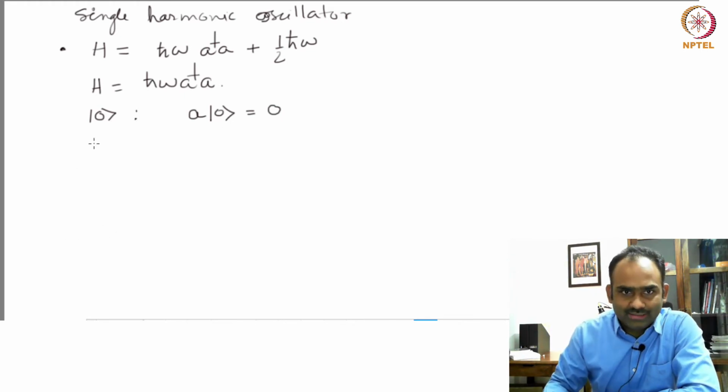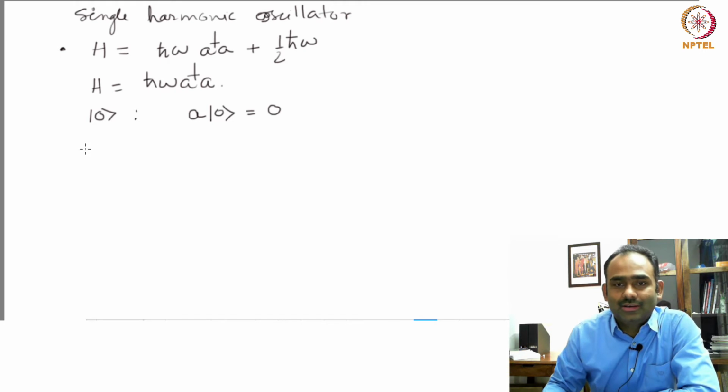And then you may ask, is it an eigenstate of the Hamiltonian? So let's see. Let's ask, what's this? For a moment, I will keep this entire full Hamiltonian here with the zero point term also.